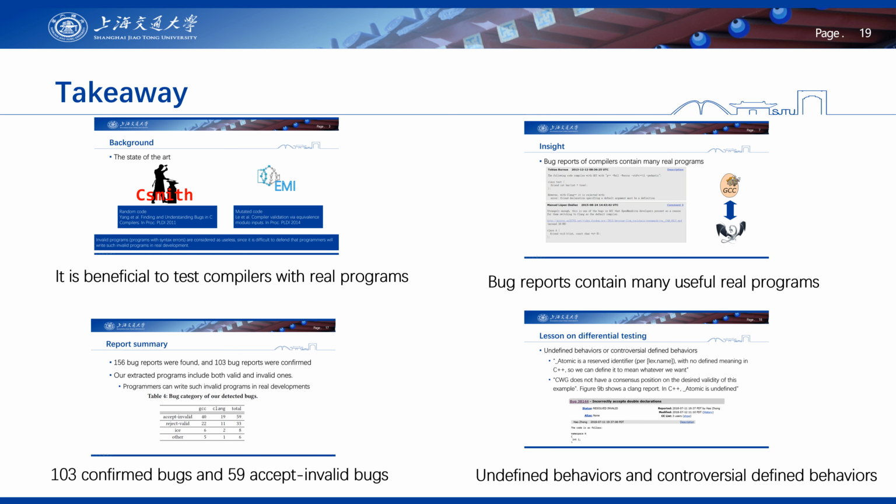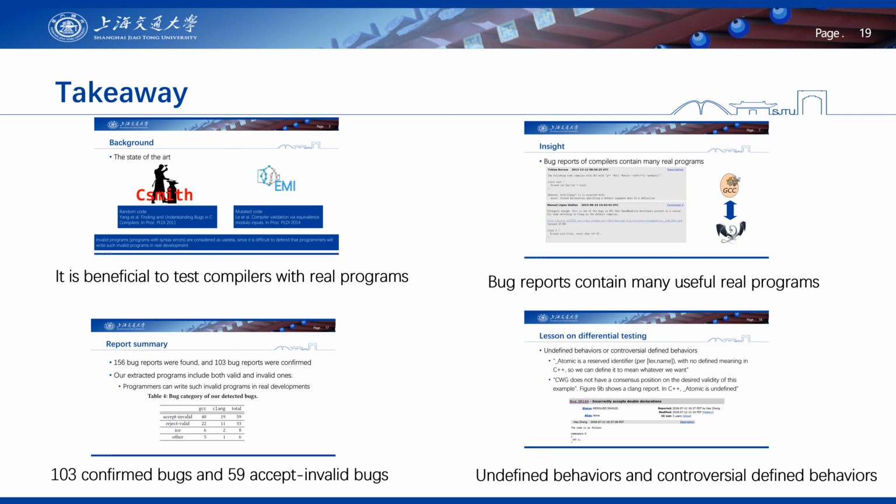Let me summarize my work. Researchers often use random code or mutated code to test compilers, but it is more beneficial to use real programs. However, most real programs are ineffective at detecting bugs.